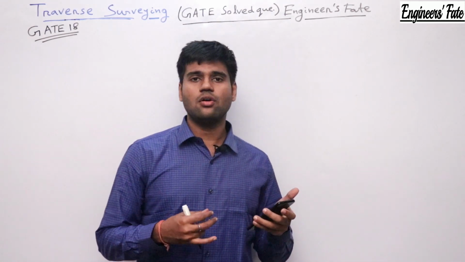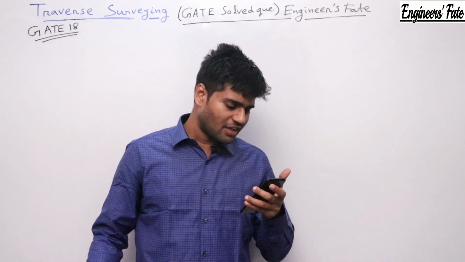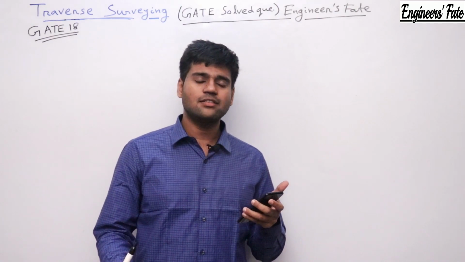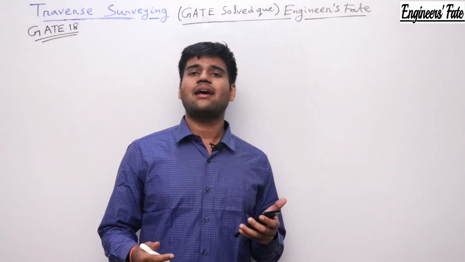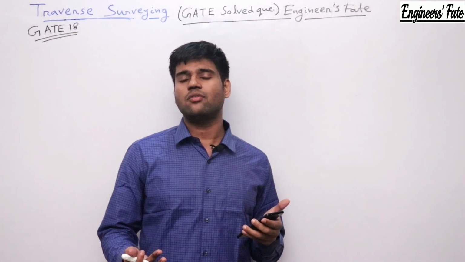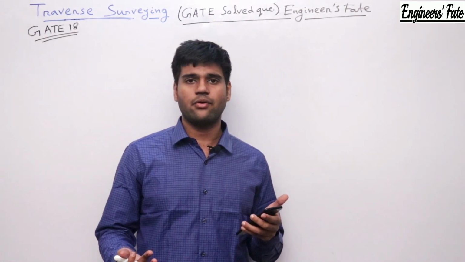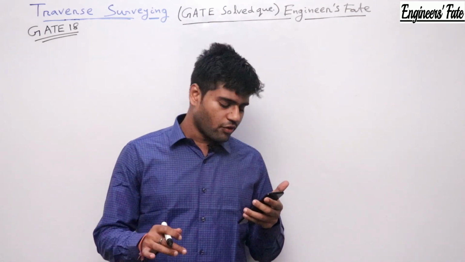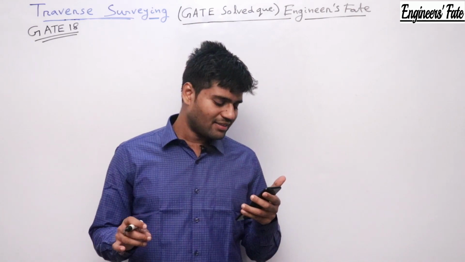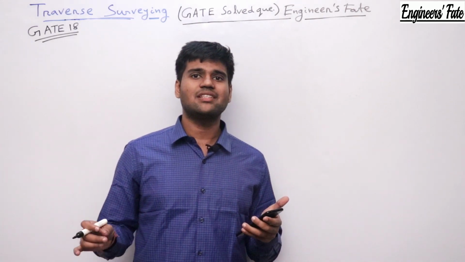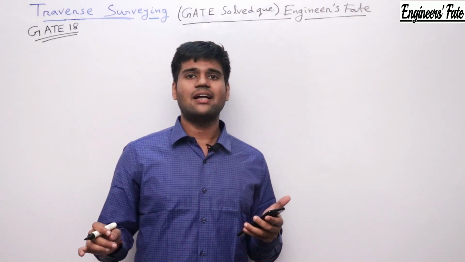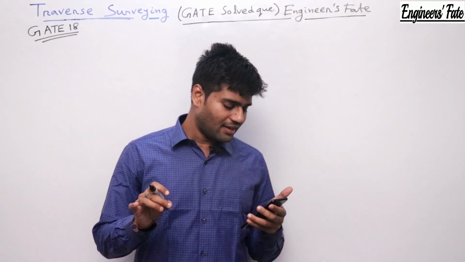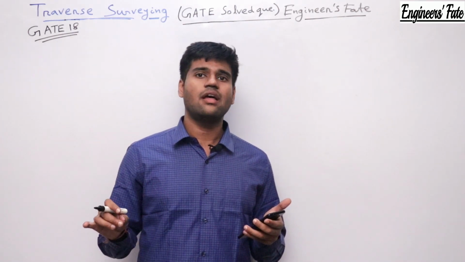In this question also he has given a closed traverse, and I have started my survey walk at point P, but I haven't closed the point where I started my survey walk. That's why in the question he asked the length and direction of the closure. Means I am having a closing error.